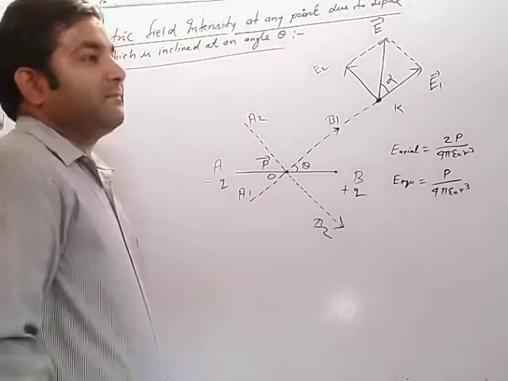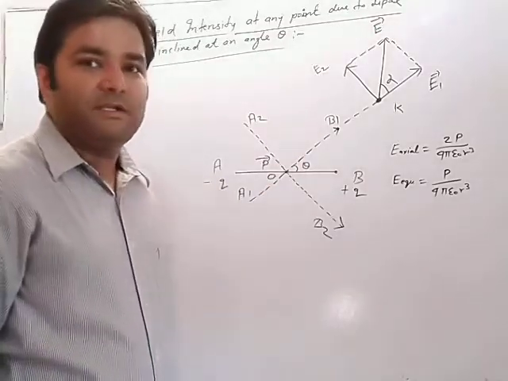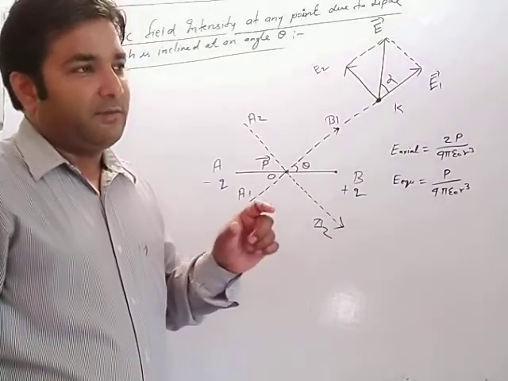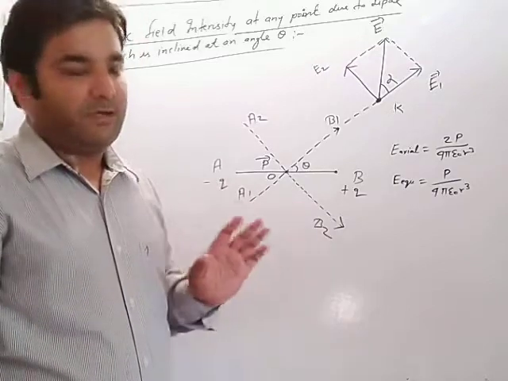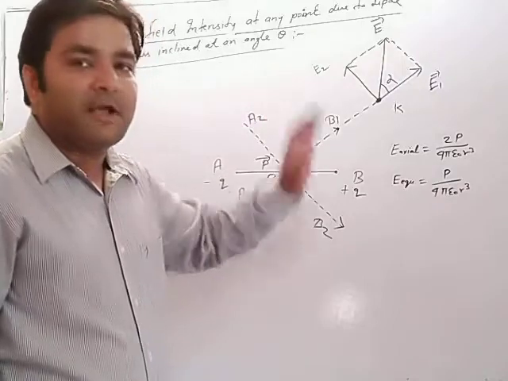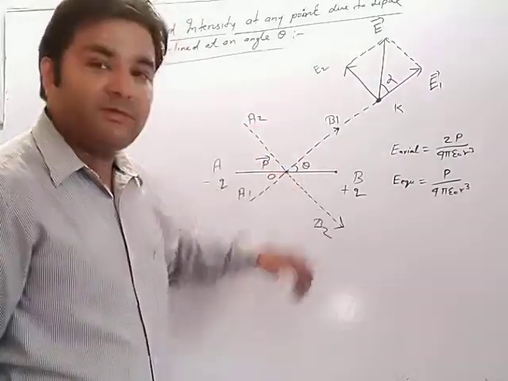So the intensity along OK, that is E1, will be the cos component, because the direction at an angle theta always means the cos component, and the direction 90 degrees away means the sin component.